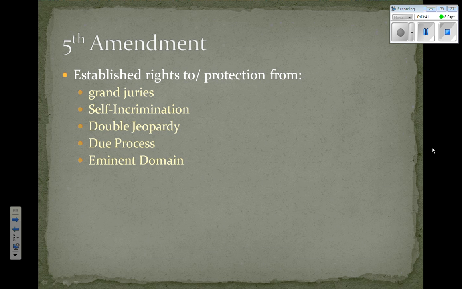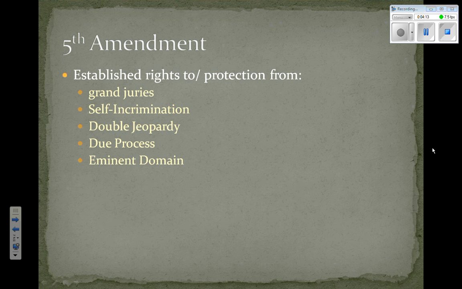Pleading the Fifth means that you can simply not answer. Doing that means you're not incriminating yourself, but you're forcing them to prove you're guilty. It's a small topic, but it's important because it's saying in the Constitution that they have to prove you are guilty of a crime, and you do not have to actually say that you are or not. It's giving you a freedom there.